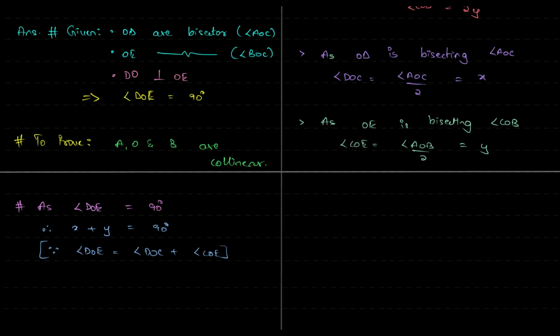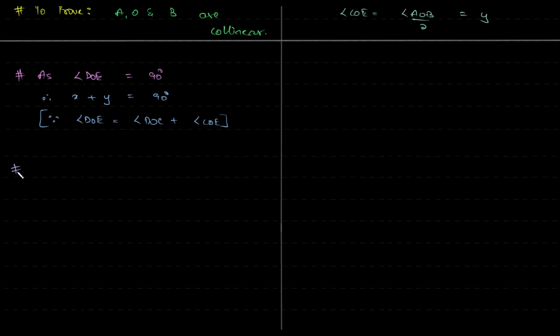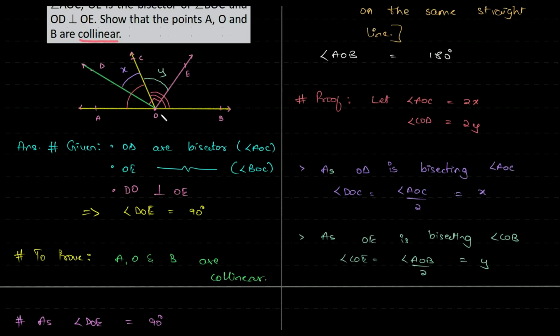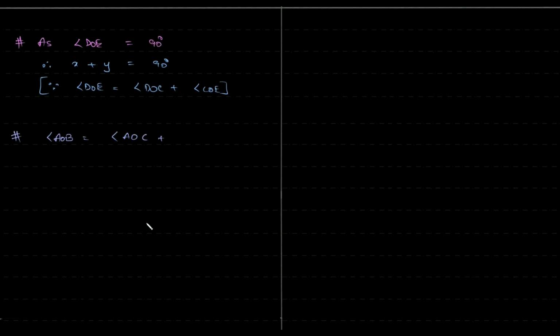It's quite simple. So we have angle AOB made up of two angles, AOC and COB, is it not? Agree? It's made up of this particular angle and this particular angle, AOC and COB.